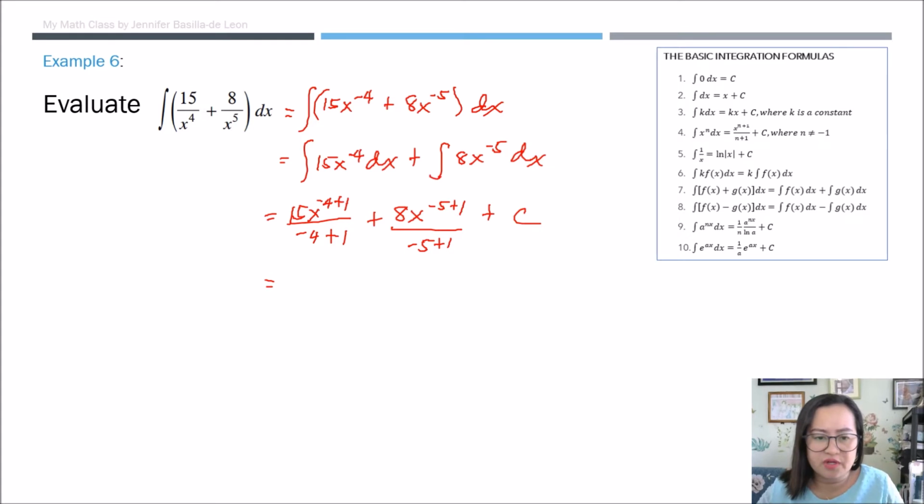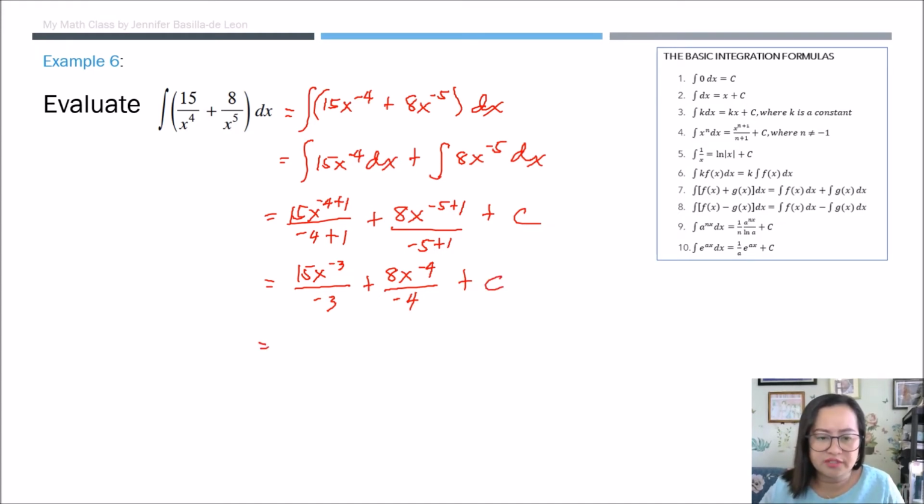So simplifying, we will have 15x raised to negative 3 over negative 3 plus 8x raised to negative 4 over negative 4 plus c.